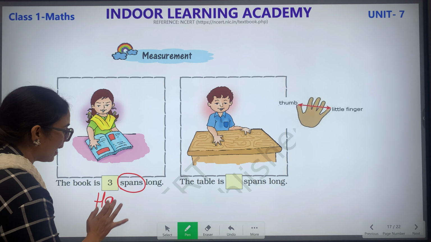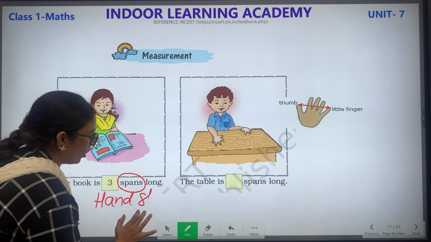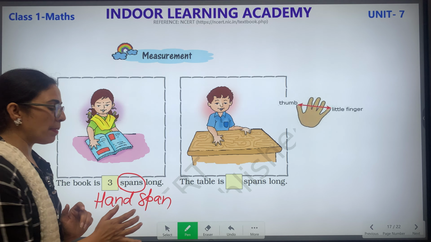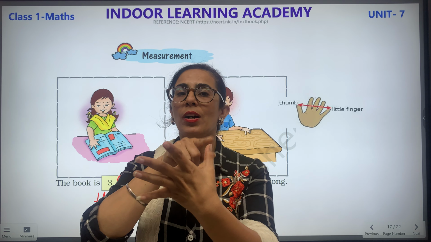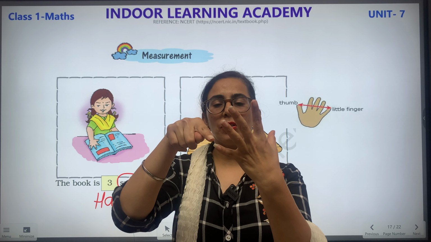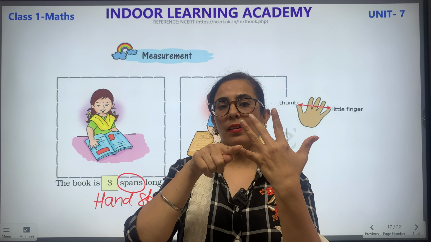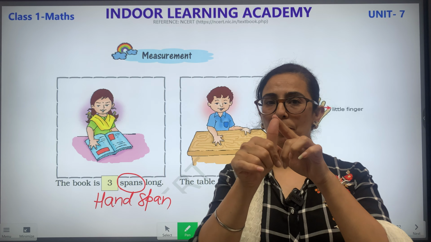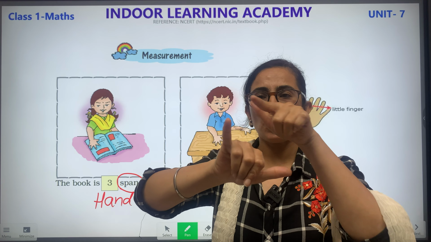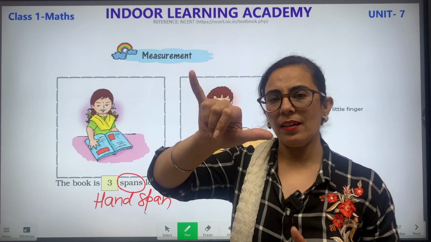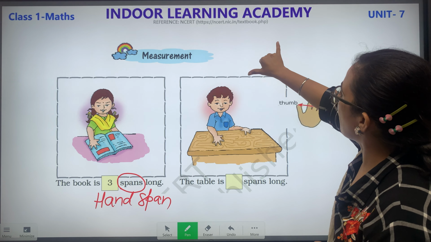This means hand span. Now what is hand span? Hand span means the distance from the tip of your thumb to the tip of your little finger. Fine children? For example, this is my thumb. So measuring from this side to this side, it is one hand span. Let me give you an example.